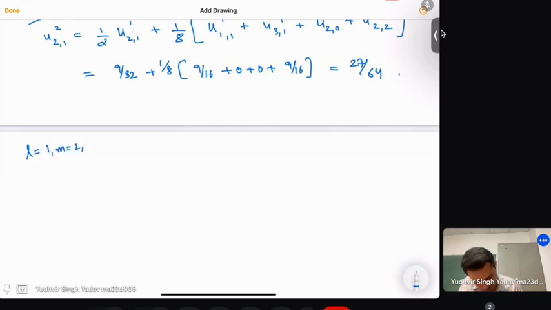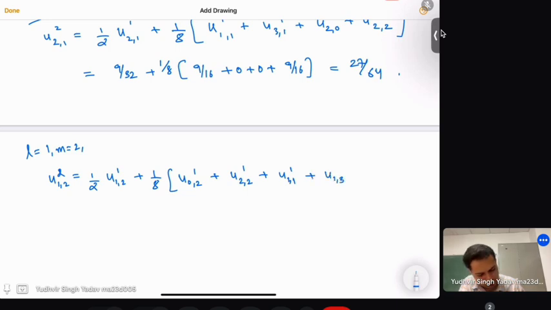Then the scheme will be u(1,2) at level 2 equals 1/2 times u(1,2) at level 1 plus 1/8 u(0,2), u(2,2), u(1,1) plus u(1,3) at time step 1. So substituting these values, we will get 9 by 32 plus 1 by 8 times 9 by 16 plus 0 plus 9 by 16 plus 0.